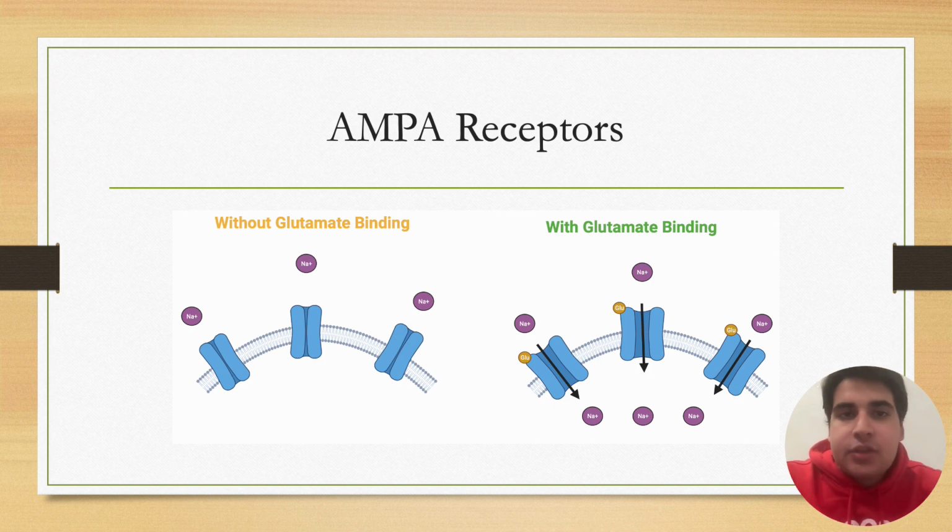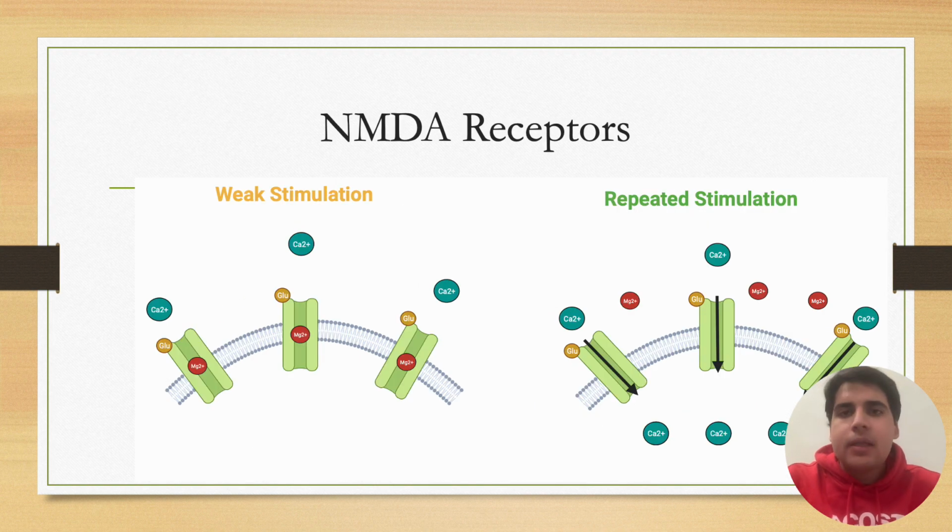So as you can imagine, the left image is just the sodium ions being stuck in the synapse, but as soon as glutamate binds to the AMPA receptors, the sodium ions can rush into the postsynaptic neuron and depolarize the cell.